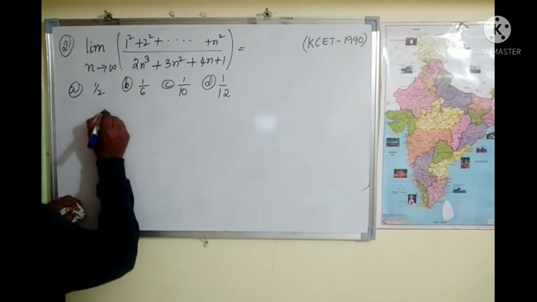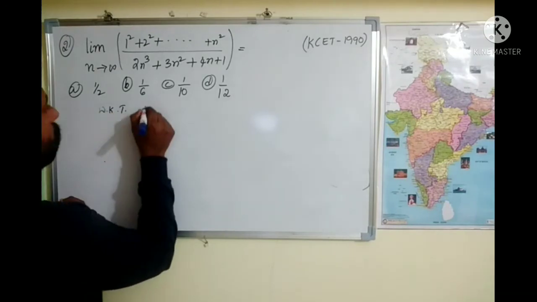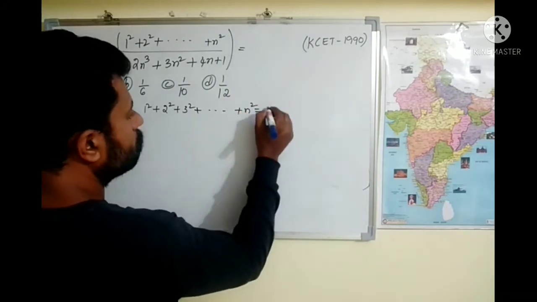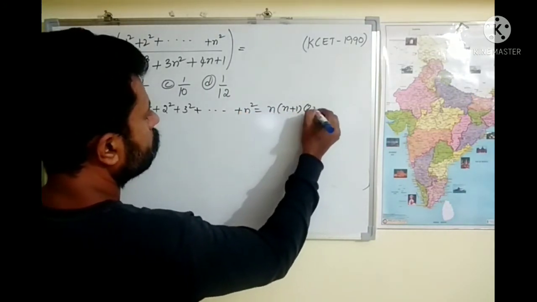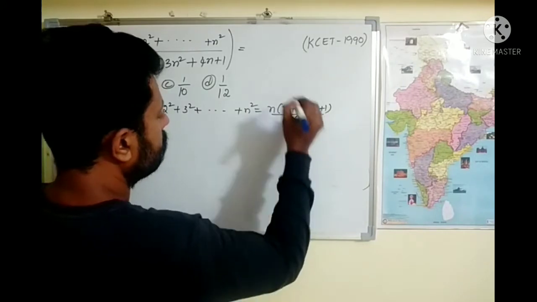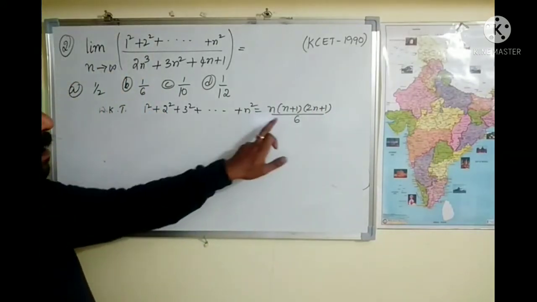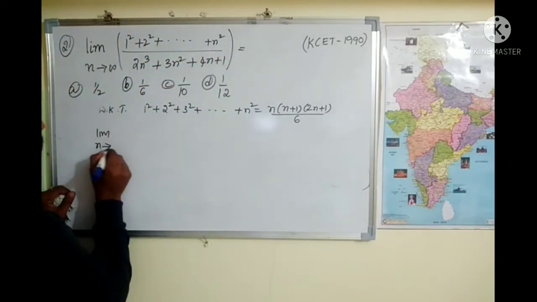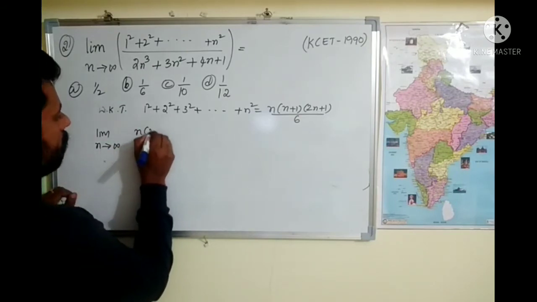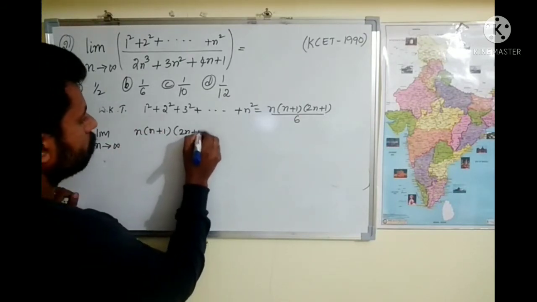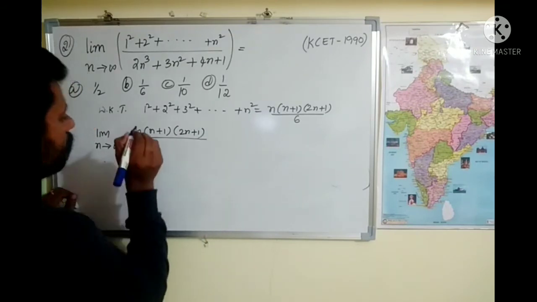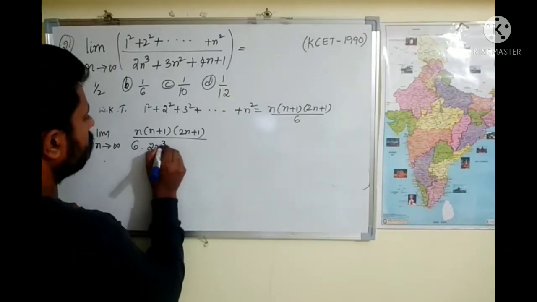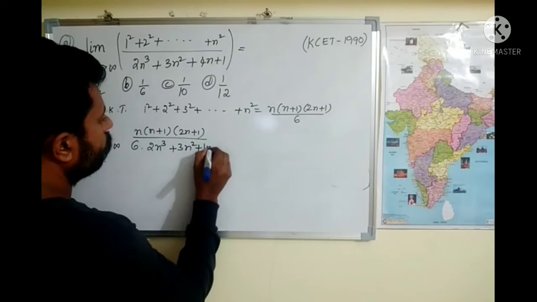We know the standard result: 1 square plus 2 square plus 3 square plus so on plus n square is equal to n into n plus 1 into 2n plus 1 divided by 6. Now this standard result is substituted in the numerator. The given limit becomes limit n tends to infinity of n into n plus 1 into 2n plus 1 divided by 6, and we maintain the denominator as it is, 2n cube plus 3n square plus 4n plus 1.